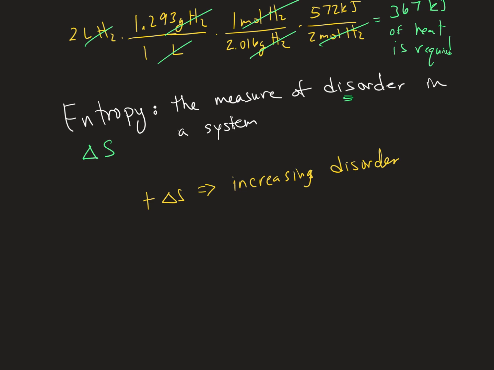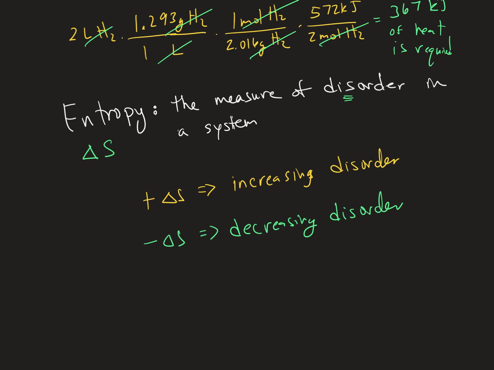And the flip version, negative delta S is decreasing disorder. Do we have names for them? No. Rather than saying negative delta S is increasing order, you see how that's the same thing?